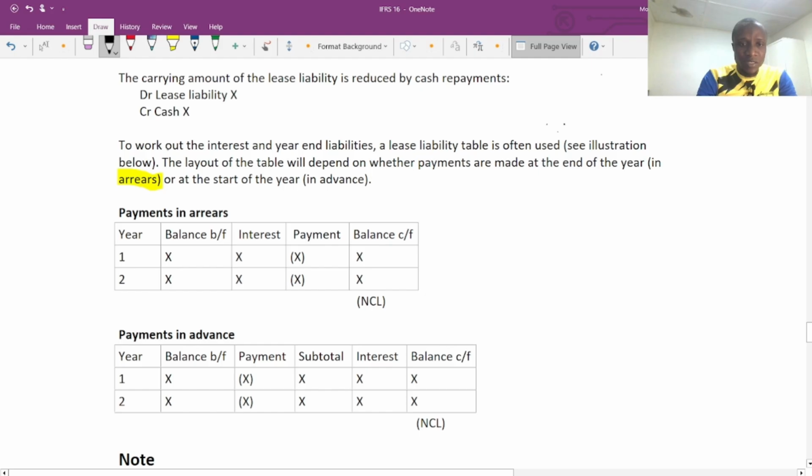Let me type it so we are able to understand. We need to increase the liability before the cash payment.